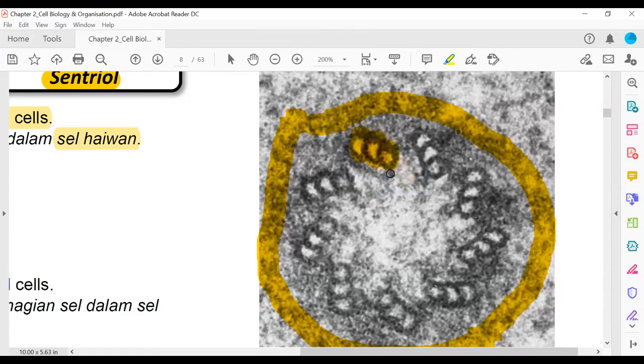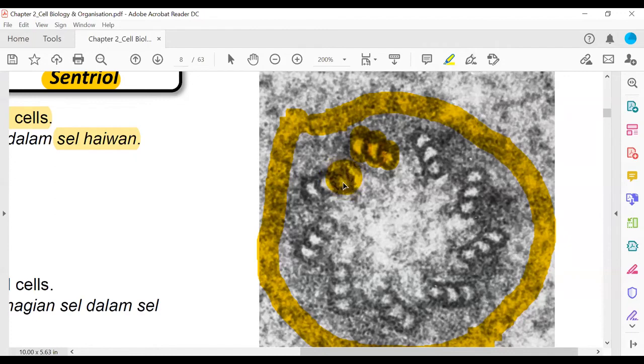Sini pun sama. 1, 2, 3. Dan seterusnya lah. Ada 9 susunan.